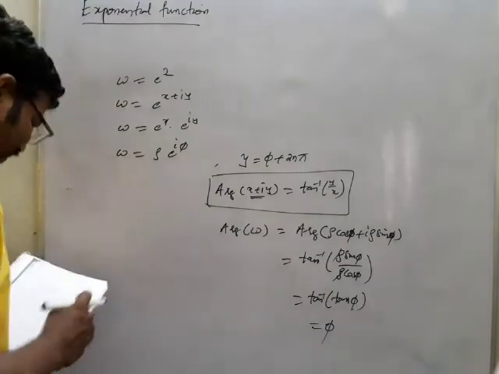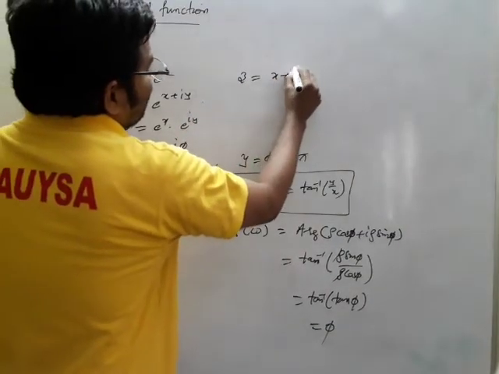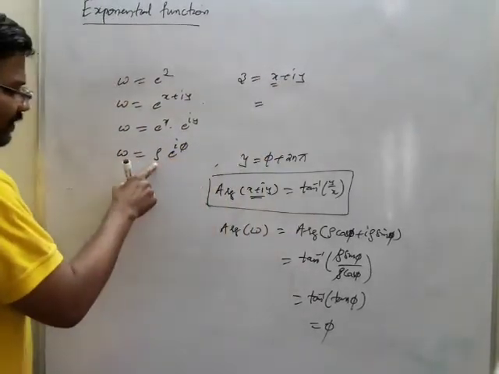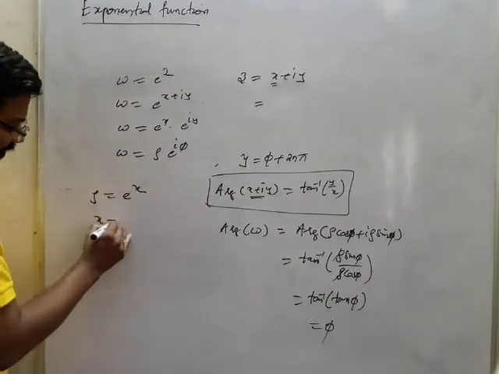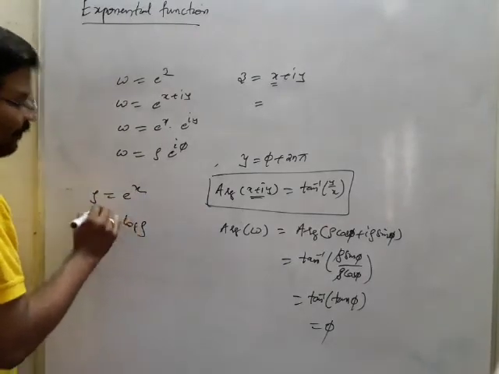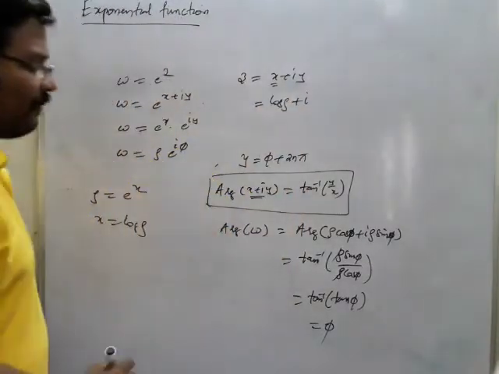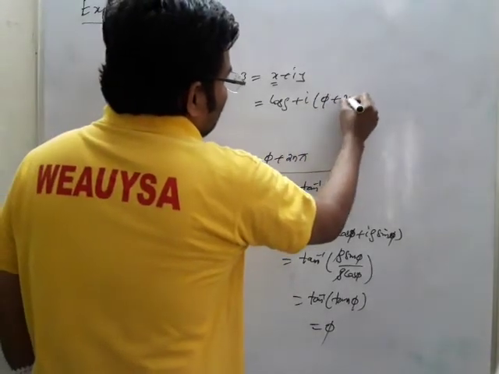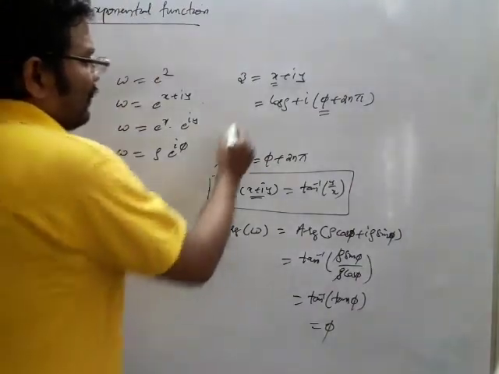So therefore I'll write z = x + iy. Here e^x is nothing but ρ, so x = log ρ. So I'm writing here log ρ + i(φ + 2nπ). This φ is the argument, so this is nothing but z.